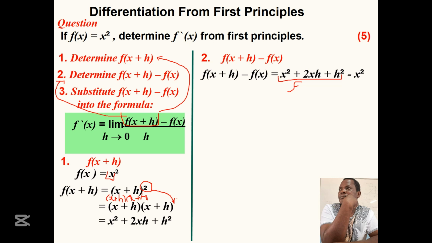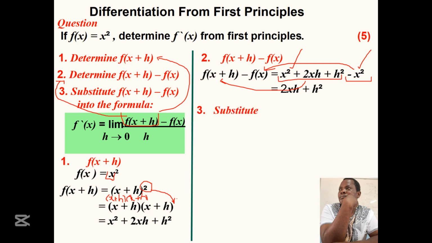Then the last part of that expression is the value of f of x. Then I simplify this expression to get a simplified form. It's going to be 2xh plus h squared, because this x squared minus that x squared will give me 0.